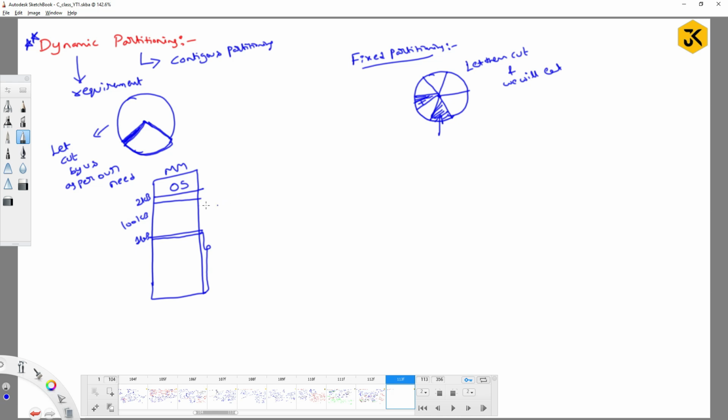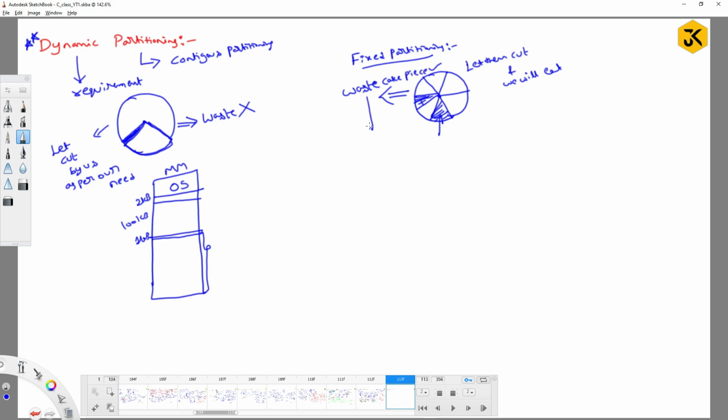Guys, as per the need, if I am cutting, is there any waste in the cake pieces? Definitely no. But in fixed partitioning, even if I am not interested in eating the cake, I have to take the complete piece, so there will definitely be waste.